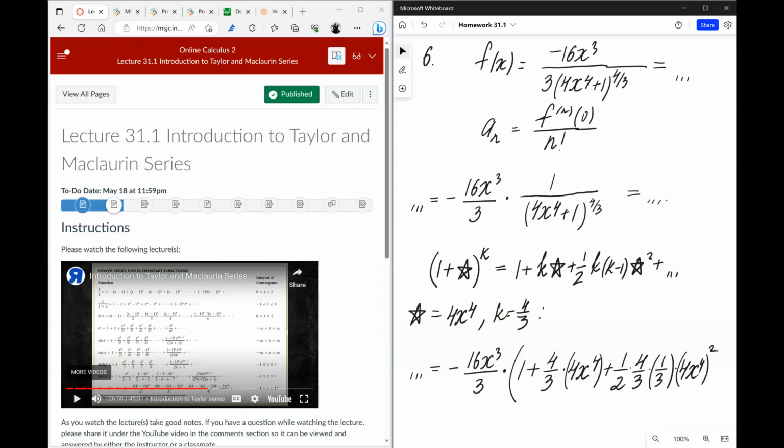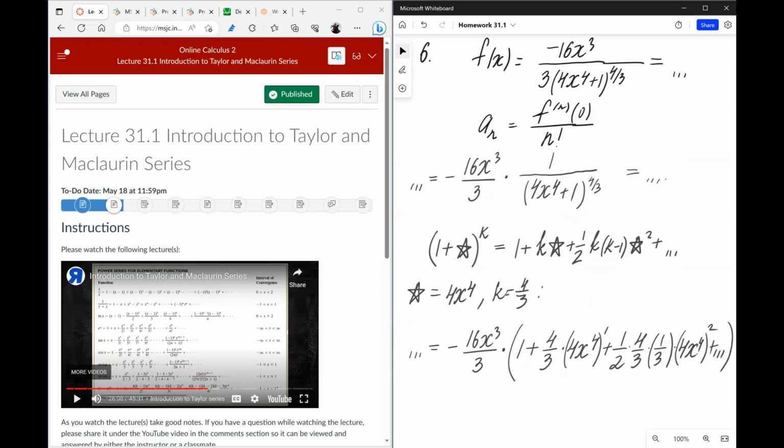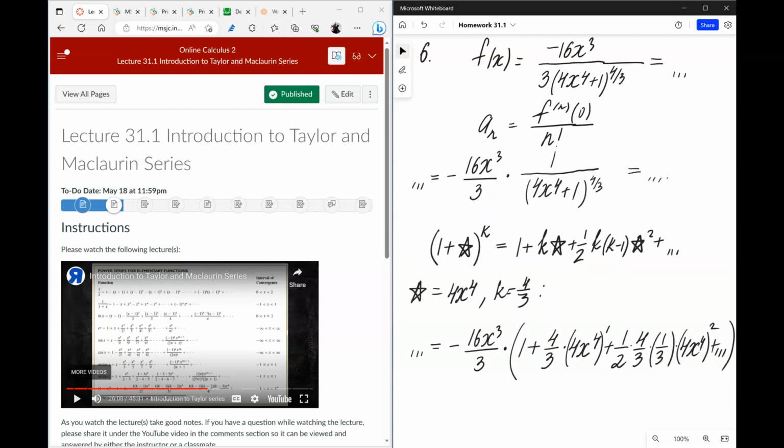So here it was to the power 1, here it is now to the power 2, and so on. Again, we're only looking for the first 3 terms, so there is no need to write more than what we are asked.